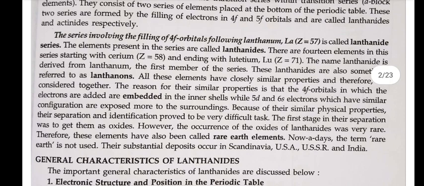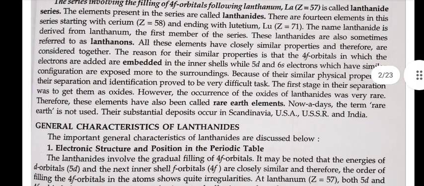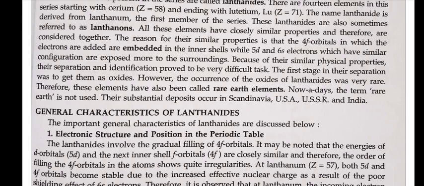The reason for their similar properties is that the 4f orbital in which the electrons are added is embedded in the inner shells, while 5d and 6s electrons, which have similar configuration, are exposed more to the surroundings. Because of their similar physical properties, their separation and identification proved to be a very difficult task.